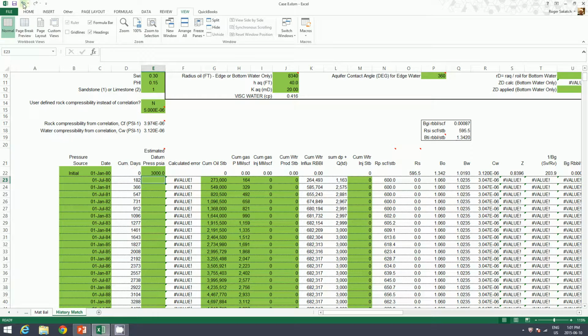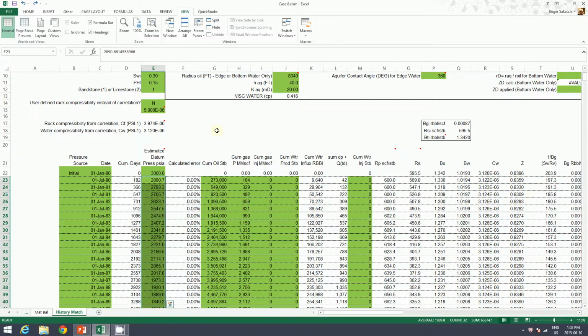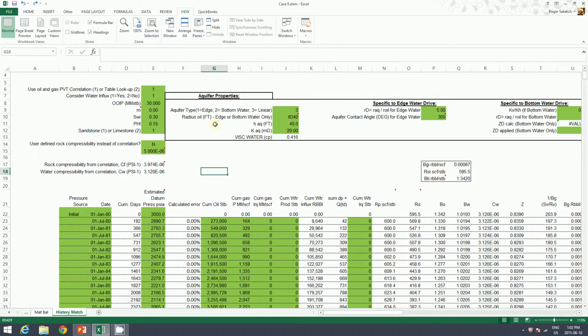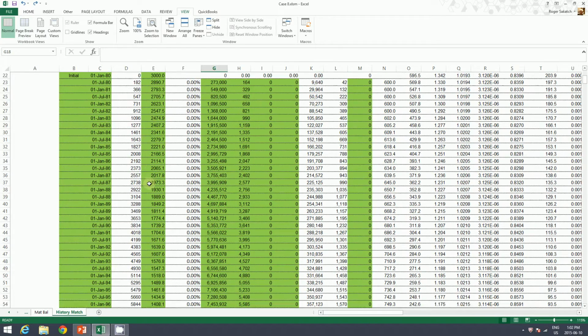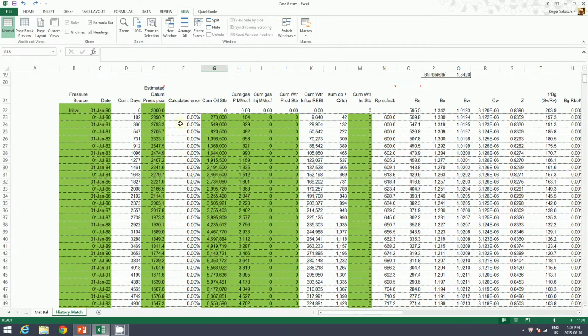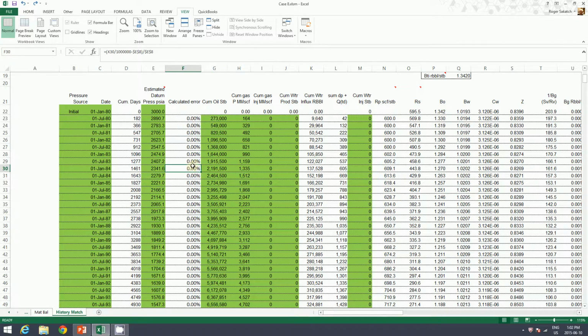Now, as I was saying, I've already done that work, so here is the result of that analysis. And you can see that the pressures appear quite valid because the calculated error is 0 in every case all the way down.